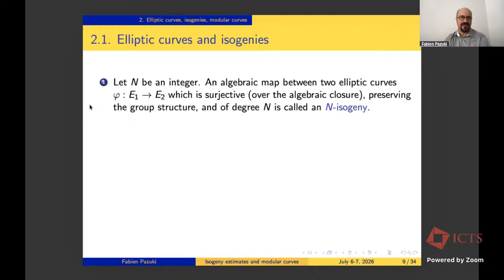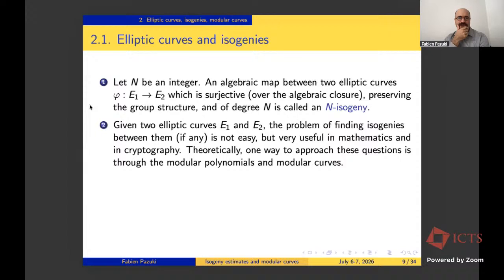Okay, so then we have some maps now. If I give you two elliptic curves, the problem of finding whether or not these are isogenous, and then if they are isogenous, finding explicitly the isogenies, actually is not easy. It's very useful in mathematics. We will see a little bit here with the modular curves, but it's also very useful in cryptography, since a good 20-25 years people have been using what are called isogeny graphs to encode messages.